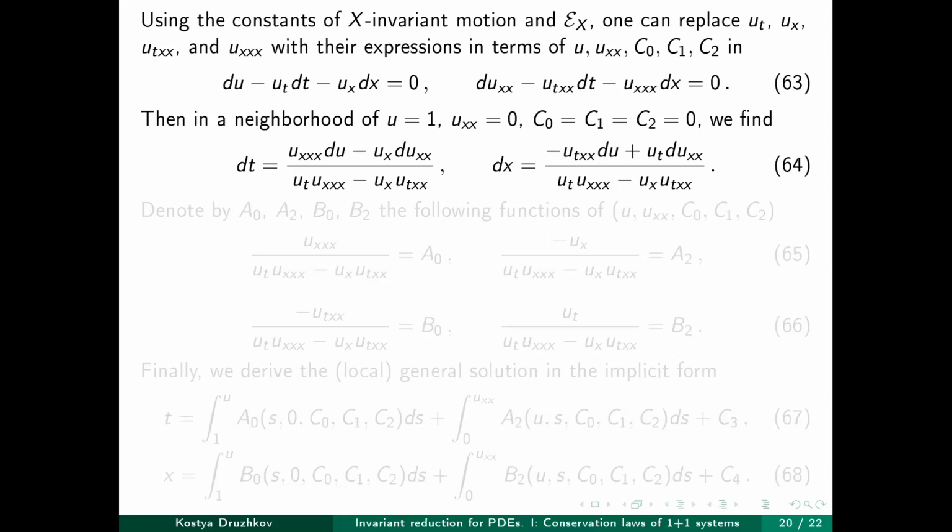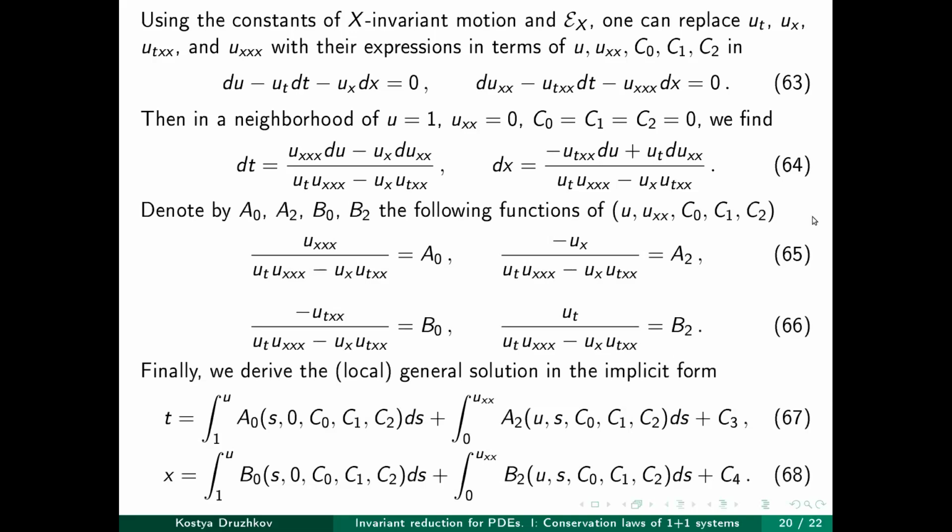And then in the neighborhood of the point under consideration, we can rewrite 63 in the equivalent form given by formula 64, and we can express all components on the right-hand side in terms of u, uxx, c0, c1, and c2, using constants of x invariant motion and epsilon x.